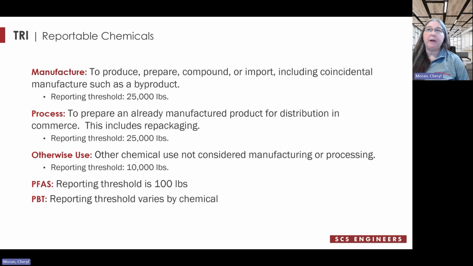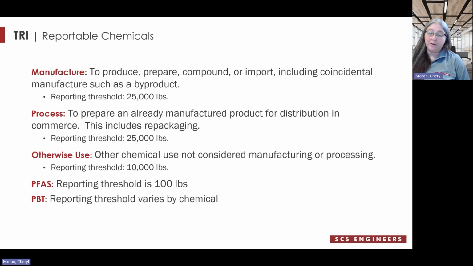Manufacture means to produce, prepare, compound, or import, including coincidental manufacture such as a byproduct, and the reporting threshold for manufacturing is 25,000 pounds. Process means to prepare an already manufactured product for distribution and commerce. This does include repackaging. The reporting threshold for processing is 25,000 pounds.